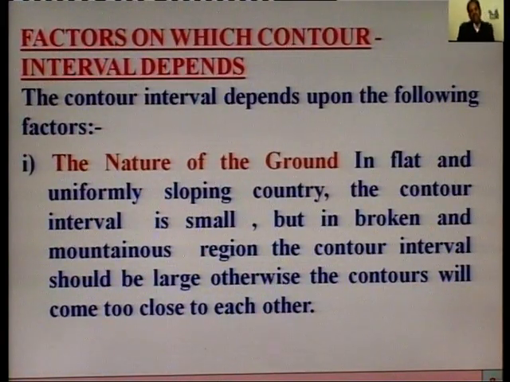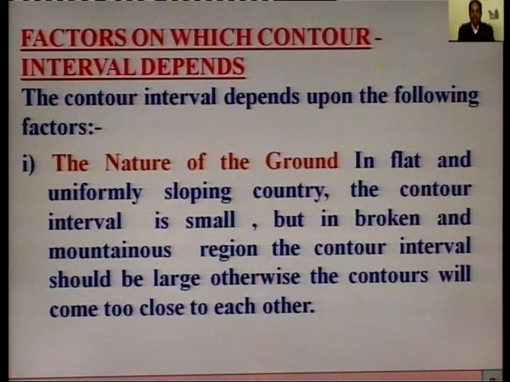Once again, it is a very important question from the examination point of view. What are the factors on which contour interval depends? You just have listened to the definition of contour interval. This is a constant vertical distance between any two consecutive contours, and following are the factors on which contour interval generally depends. First one is nature of the ground.